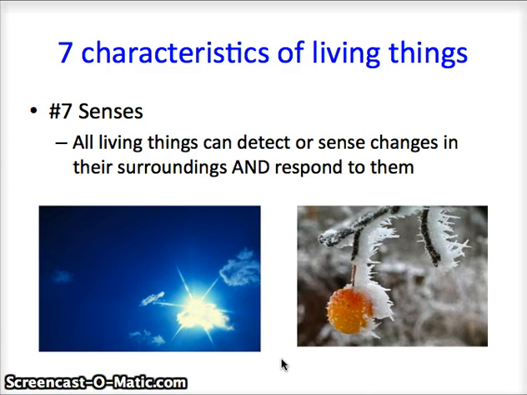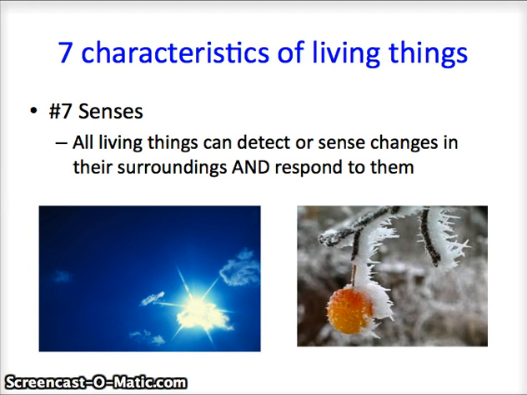Alright, so now that we've gone through all 7, I'd like to just quickly point out a couple things that are not quite as easy to identify as living or non-living. So usually things are pretty easy, like humans versus rocks, but one example that actually has given scientists a lot of trouble are viruses.